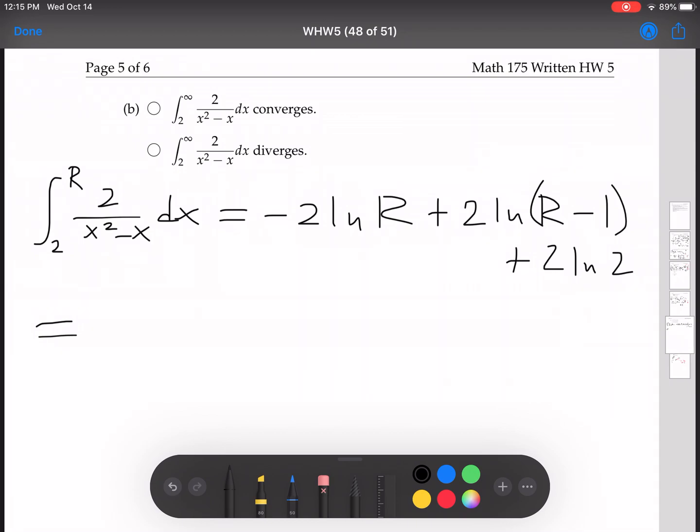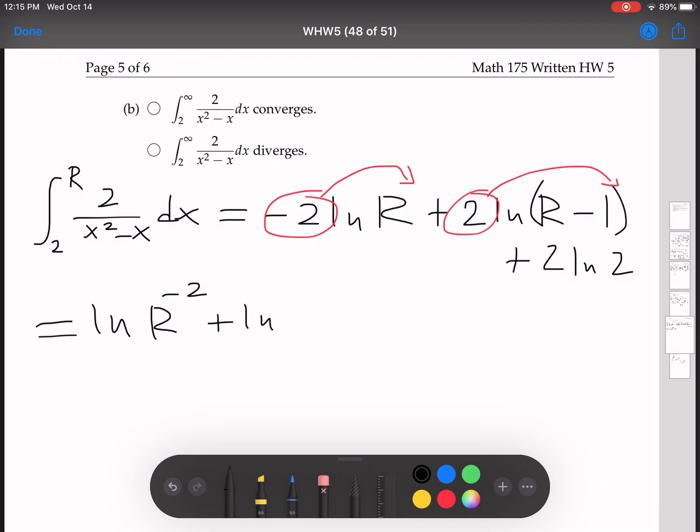So what I would do is move this up into the exponent. That's a rule of logarithms, right? So you have ln of r to the negative 2 plus ln of r minus 1 squared plus 2 ln 2.